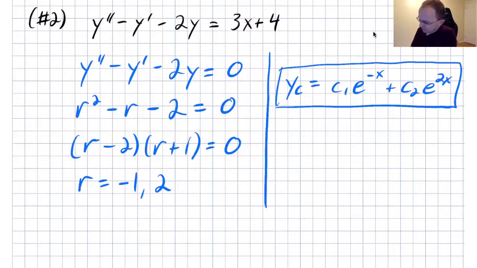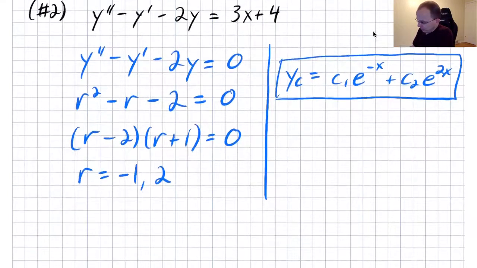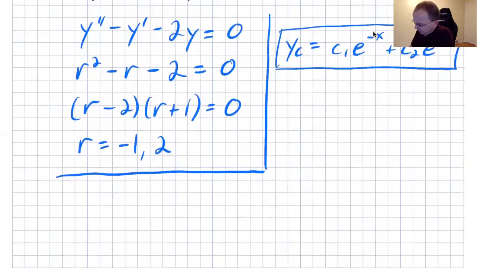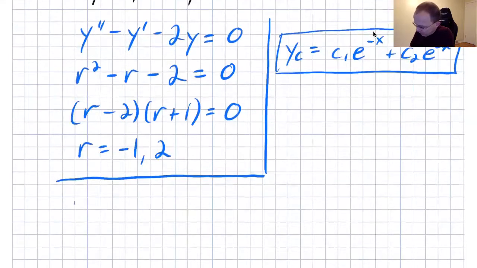So we've got this, and now we can go ahead and write down our function. Let me just box this off. So recall that our function is f of x is equal to 3x plus 4.